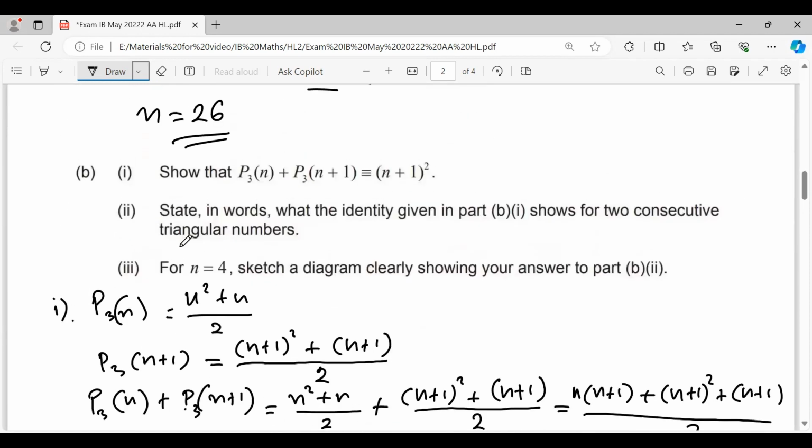B2. State in words what the identity given in part B1 shows for two consecutive triangular numbers.